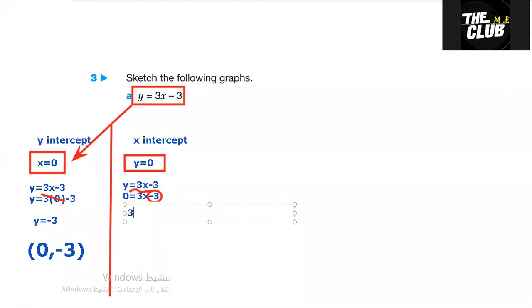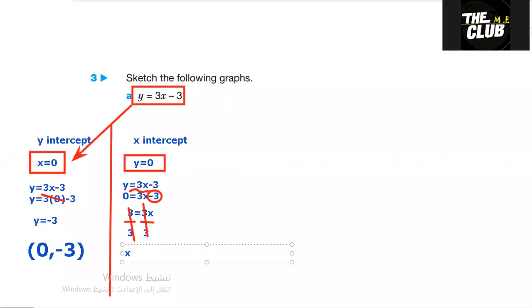So we're going to say 3 equals 3x. And then we divide both sides by 3. After dividing by 3, these 3's cancel, and this one gives you a 1. So x equals 1.